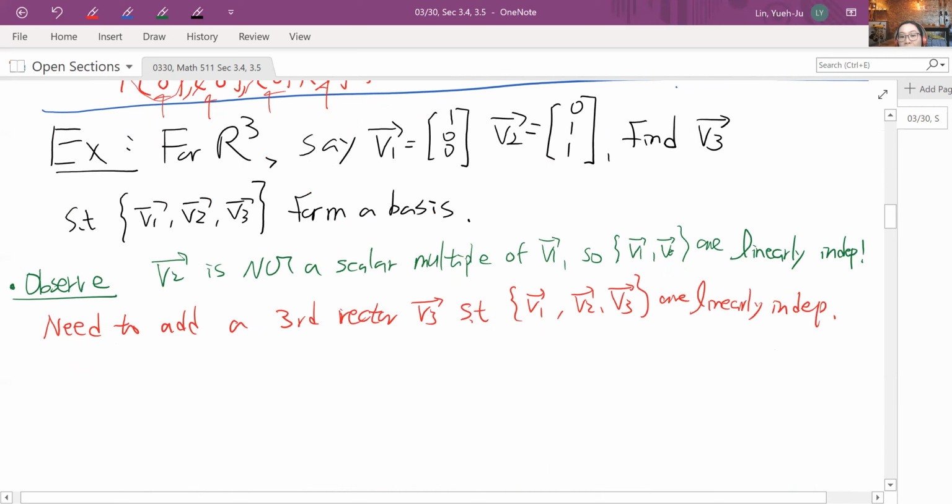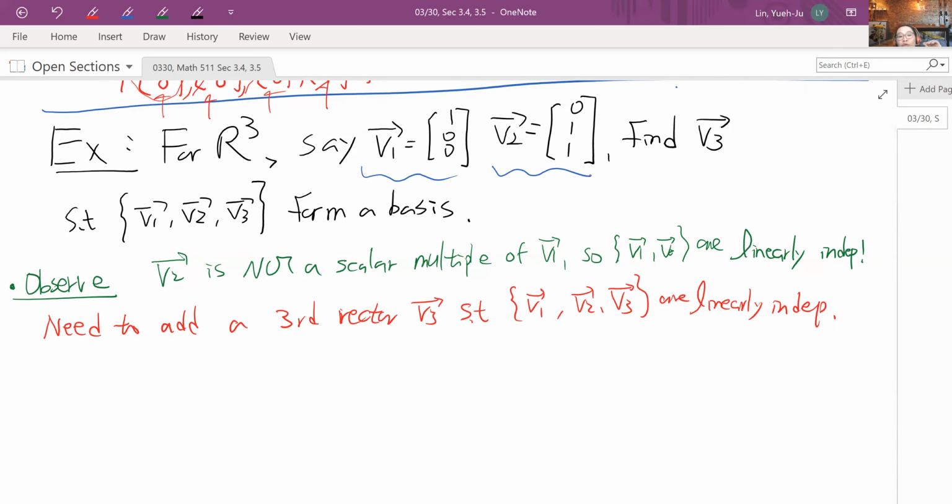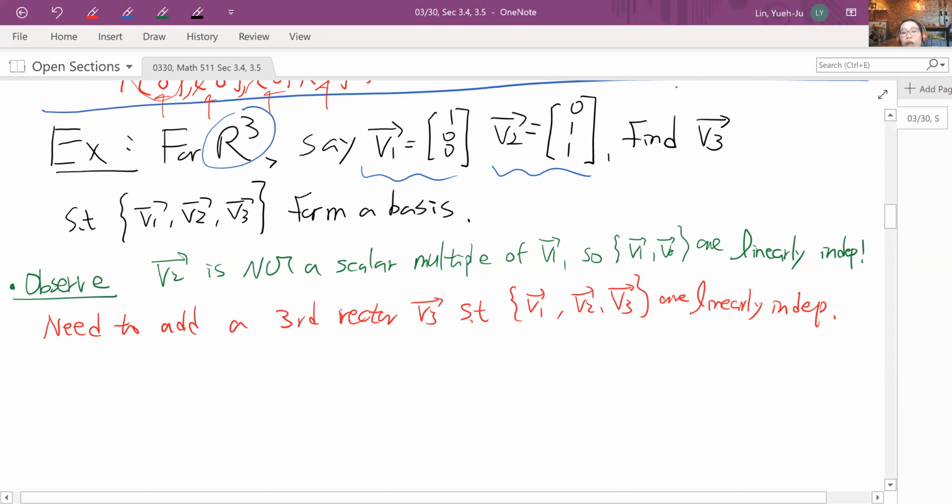So for R3, I already know V1 and V2 to start with. I ask, can you find me a third vector such that these 3 will form a basis? First of all, we know 3 is the correct number, because R3 has dimension 3.